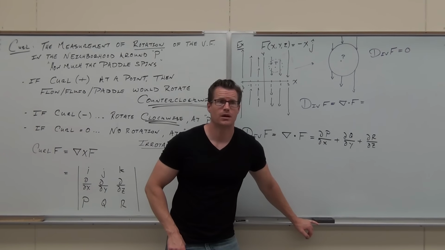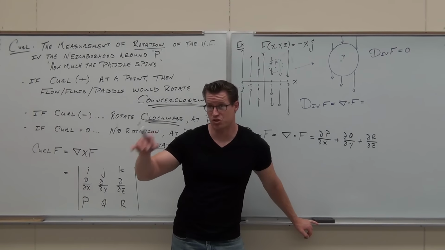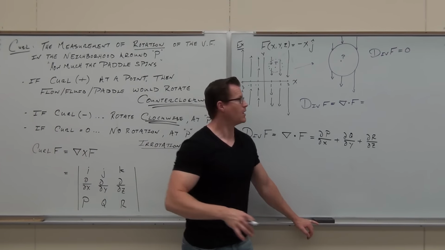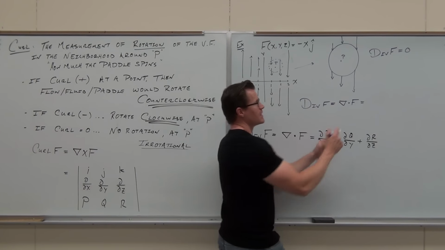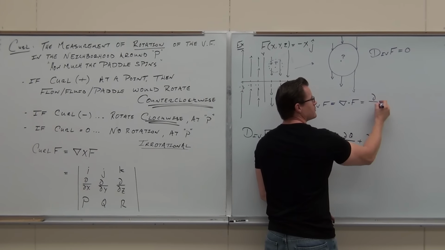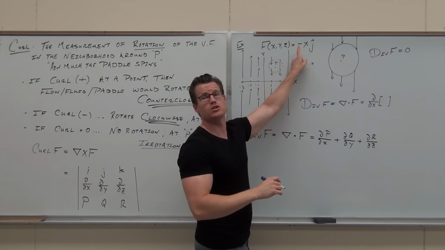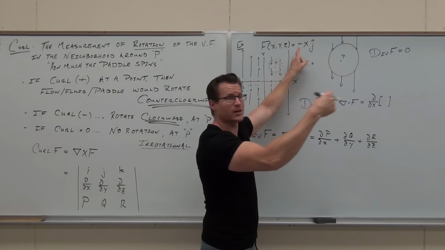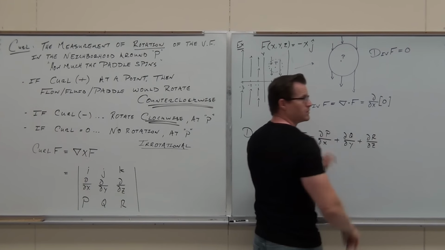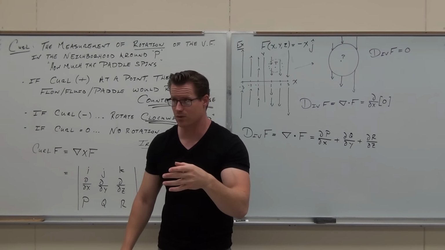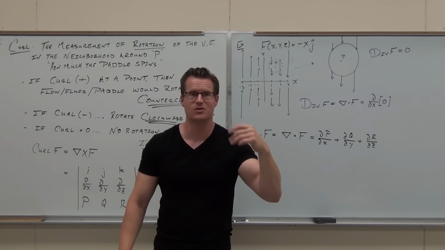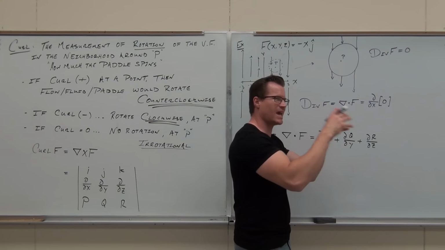What's going to tell you that you have an x component? The i would. And the y component would be dictated by the j. Be careful on this stuff. What this really says to do is take the partial derivative with respect to x of the x component. There is no spoon. There is no i, there is no x component. It's 0. The x component is 0. Don't just confuse x's with x component.